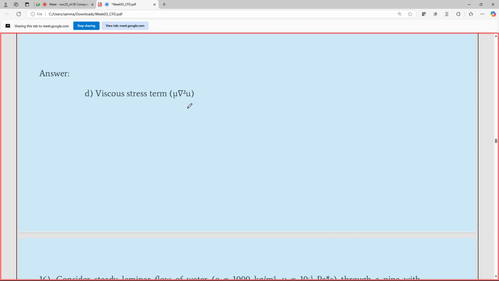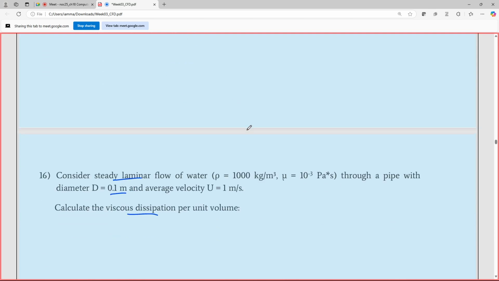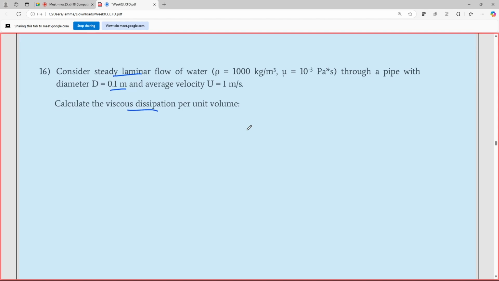In the previous question itself, the viscous stress term is given. So from that, try to calculate viscous dissipation.